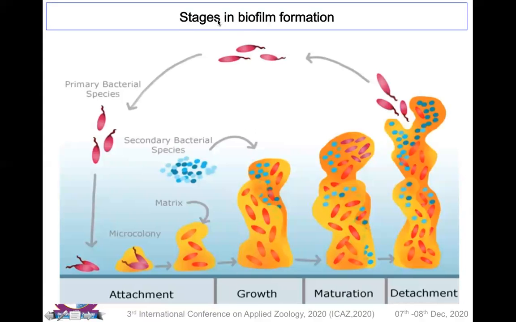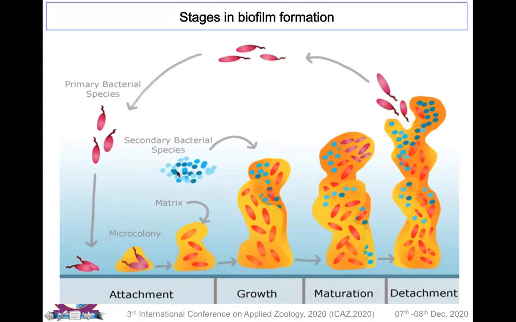This diagram shows the various stages in biofilm formation, and the process can be divided into different phases: attachment, growth, maturation, and detachment. Biofilm inhibitors can target any of these stages.